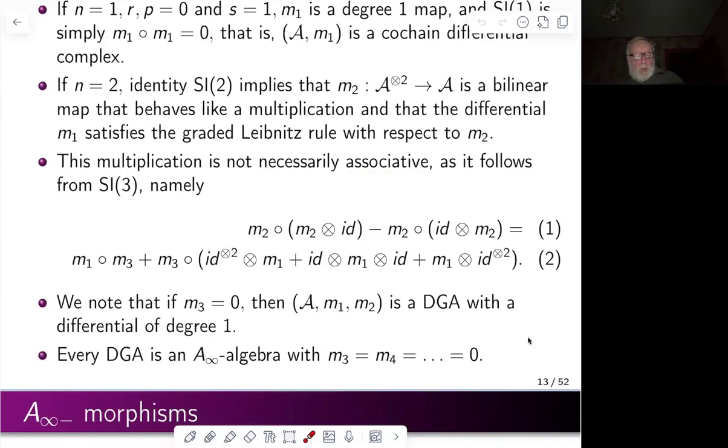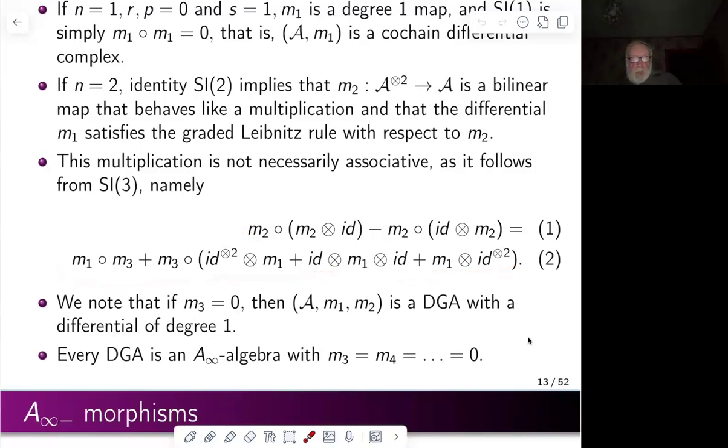And if we inspect carefully the Stasheff identity of degree 3, then we have the first equation. It's a composition of m2 times m2 tensor identity minus m2 times identity tensor m2 equal to this expression, if we interpret this for n equal to 3.